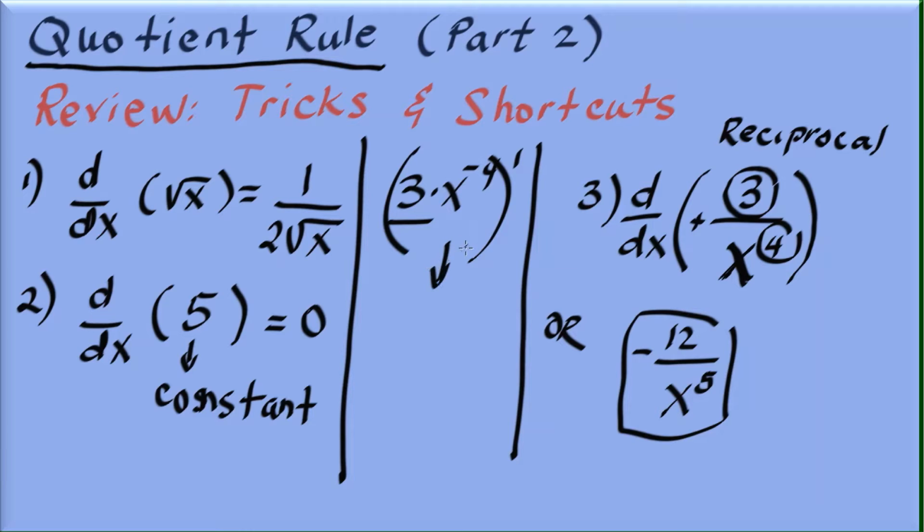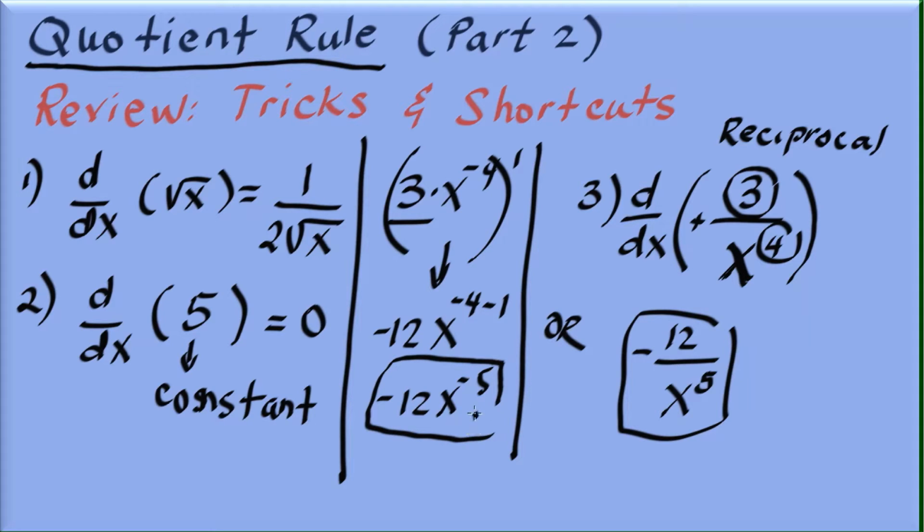So you just have to use the power rule, which is negative 4 times 3 is negative 12, and then x to the negative 4 minus 1. So negative 4 minus 1. It's negative 12, x to the negative 5. So you can leave your answer the way it is, or you can also bring it down if you want. So that's negative 12 over x to the fifth. Okay? So that is actually the same as this using the reciprocal rule.